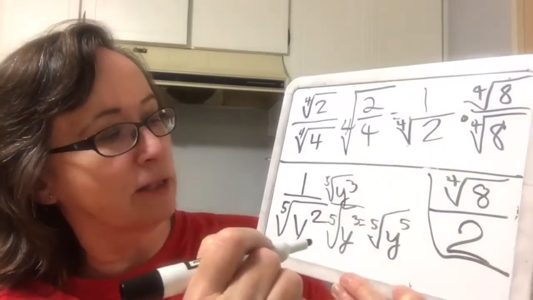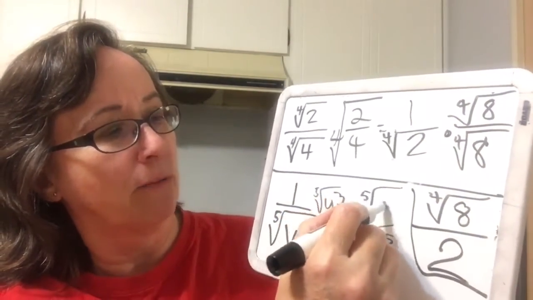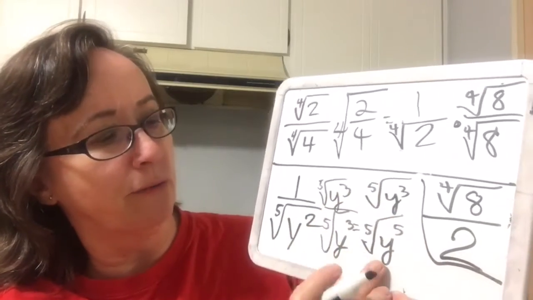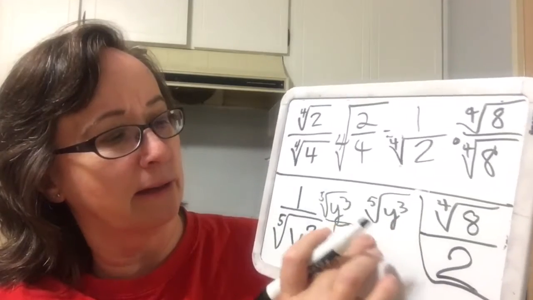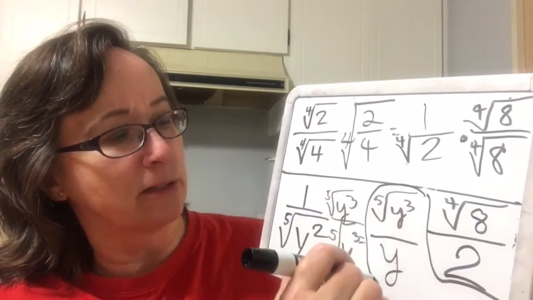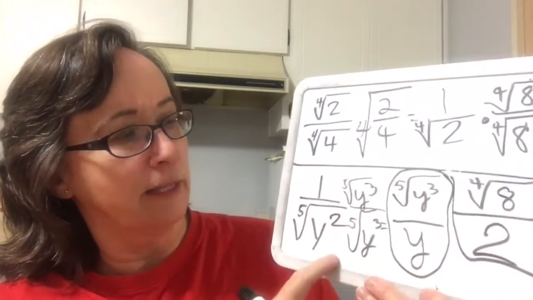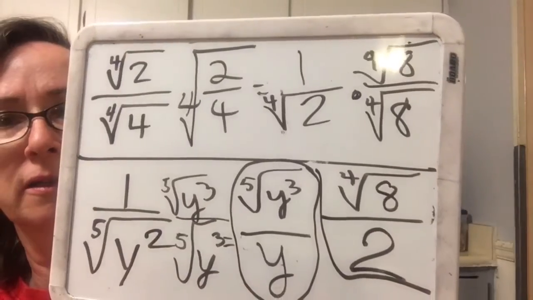And so my answer is going to be the 5th root of y cubed over the 5th root of y to the 5th is just a y. So that is the answer to this one, and this one is the answer to the one upstairs.